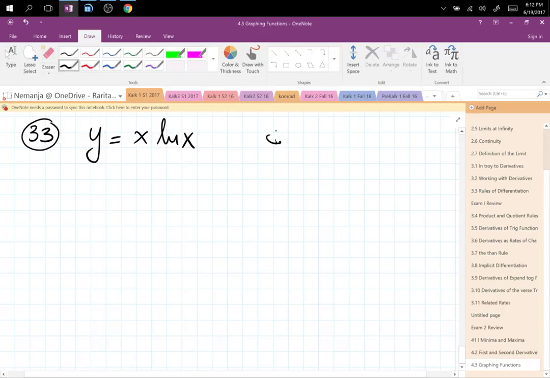So, domain is 0 to infinity. We know that anything can be plugged in for x, but ln x can only take 0 and up. So we only consider these values.